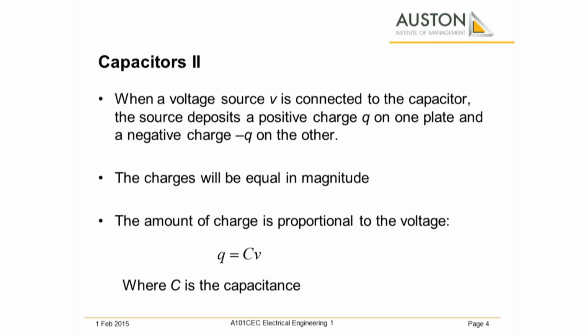We can say that the charge on the plate of the capacitor is proportional to the applied voltage. This proportionality constant is the capacitance of the capacitor. Thus, the charge in a capacitor is equal to its capacitance multiplied by the applied voltage.